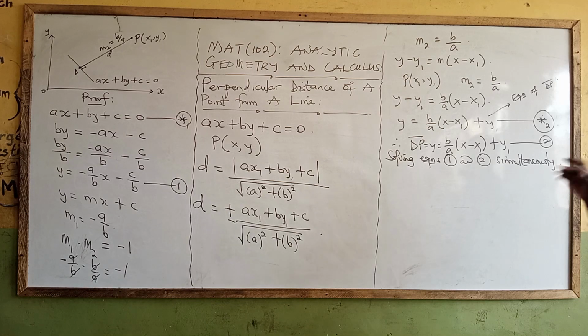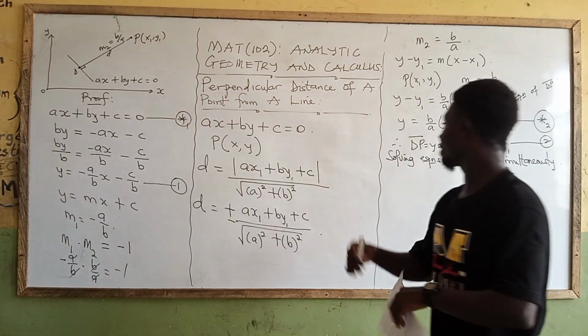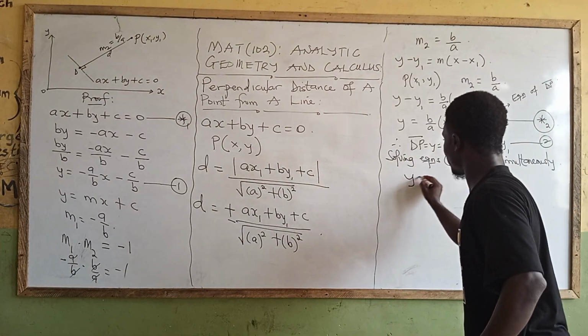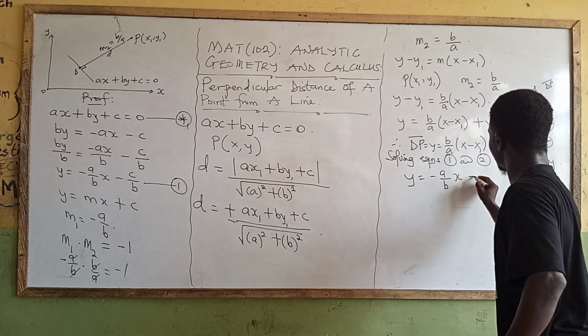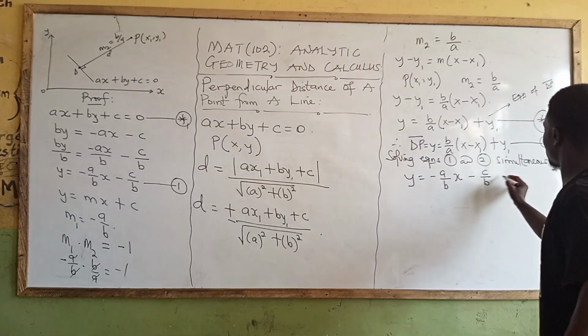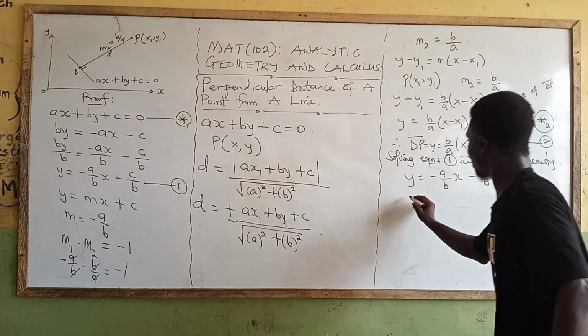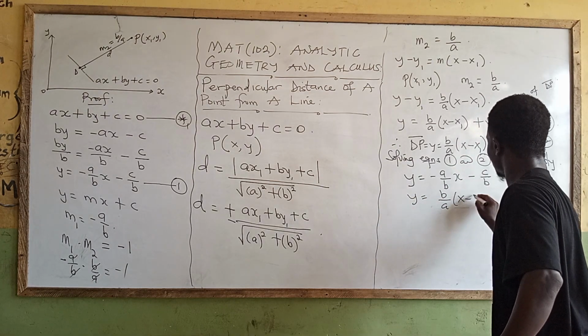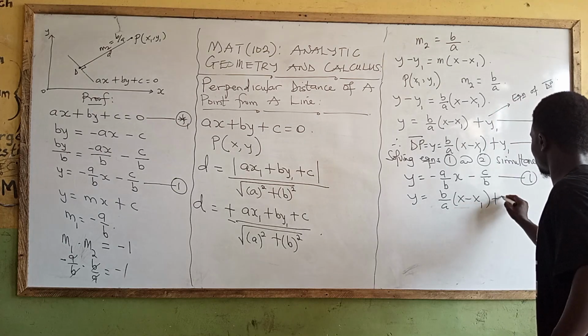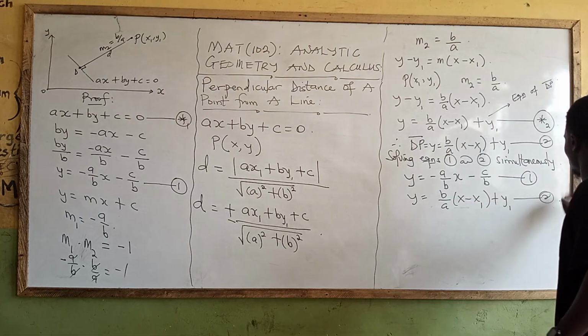So we are solving equations 1 and 2. We equate the y's. We have y equals negative a over b x minus c over b, which is our equation 1, then y equals b over a times x minus x1 plus y1, which is equation 2.